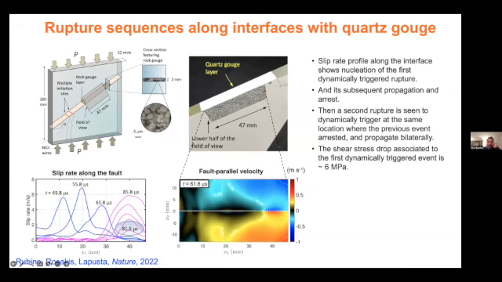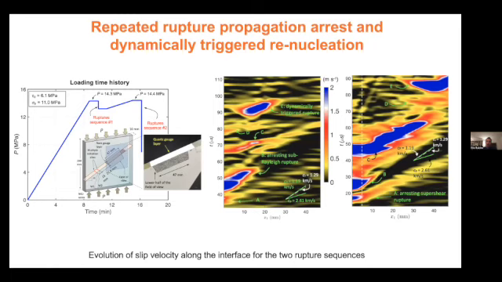And this is the second big event nucleated within gouge. The way we do these experiments is that we apply a level of pre-stress, and then we have multiple nichrome wires here that we can use to nucleate ruptures. So we can have a first sequence and have the load drop, then we can reload to the same level of pre-stress, and then another sequence.